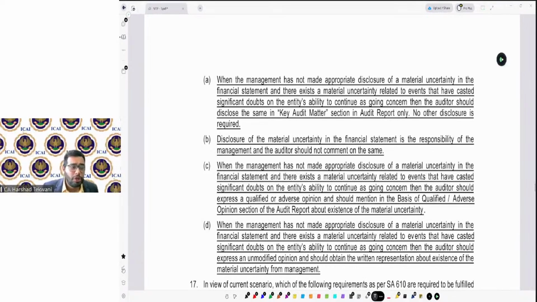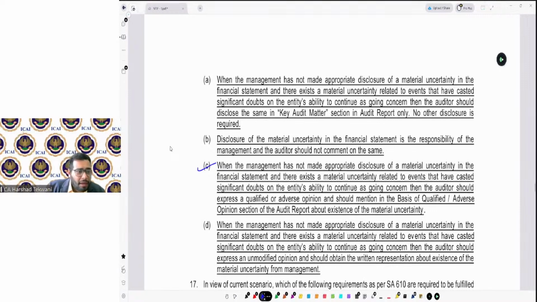In that case, you need to issue a qualified or adverse opinion based on the amount involved, the complexity involved, and how critical those events are, and to what extent there is a significant doubt or material uncertainty. Based on that, I will issue either an adverse or a qualified opinion, and in the basis for qualified or adverse opinion, I will provide the details about the material uncertainty. That is option C in the current case.